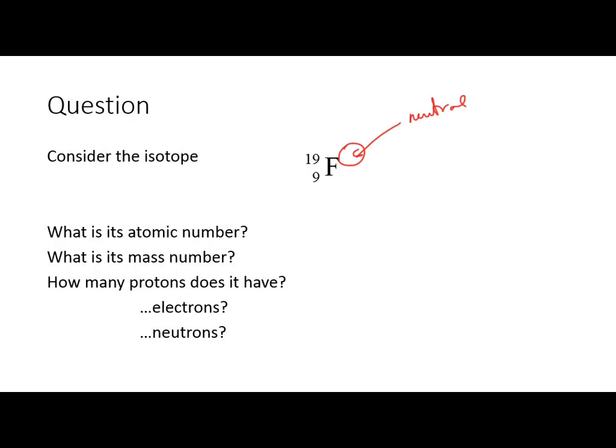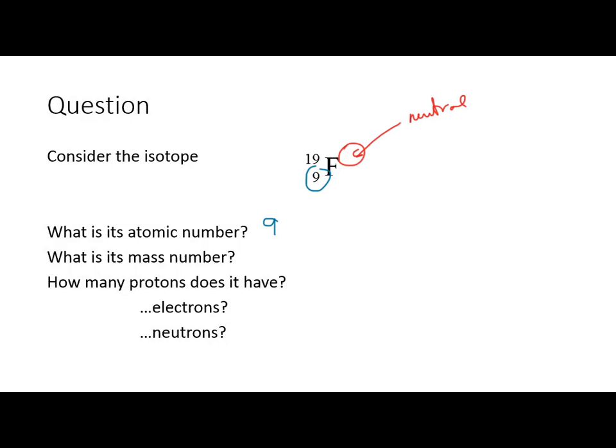So what's its atomic number? You guys already had the answer here? Dang, I sure wasn't on the ball, was I? Its atomic number, you get it from either there or the periodic table. So it's always going to be 9.